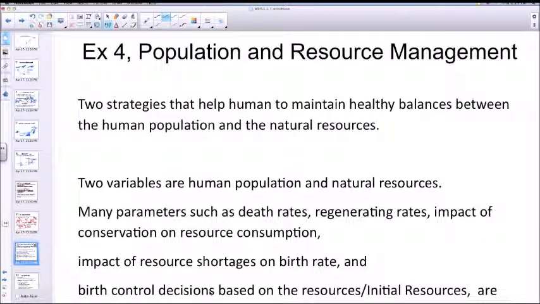Our focus is two strategies to help human beings maintain a healthy balance between the human population and the natural resources. You can think of the natural resource as the food supply.